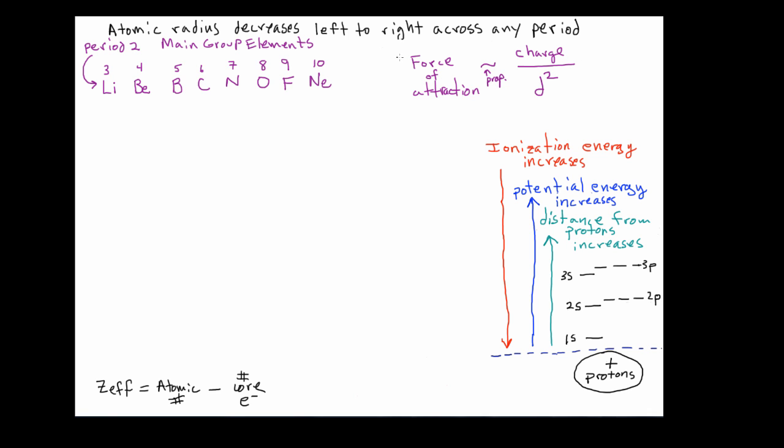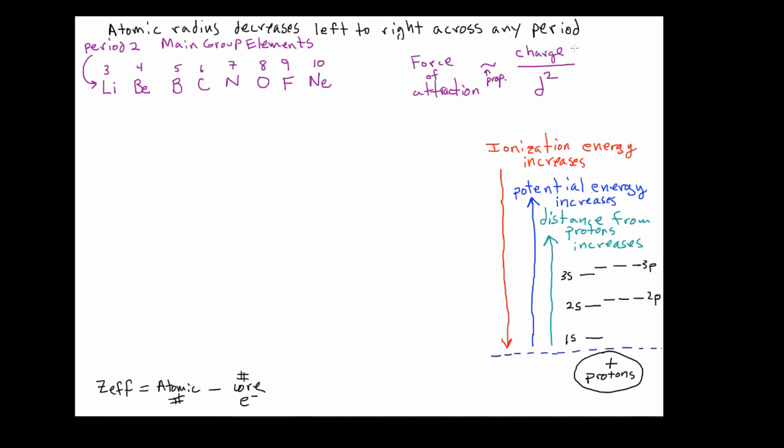All right, and then the force of attraction, how tightly those electrons are being pulled on, will be proportional to the charge of attraction. That's going to be related to the protonic charge and the electronic charge, right?